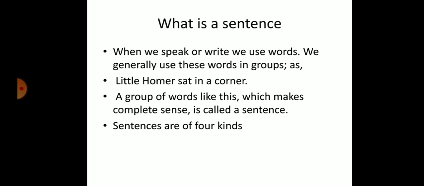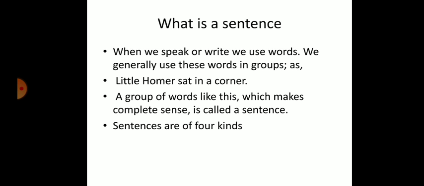When we speak or write, we use words. We generally use these words in groups. As little Homer sat in a corner. It is a group of words. Almost 6 words have contributed to make this group. Little Homer sat in a corner.